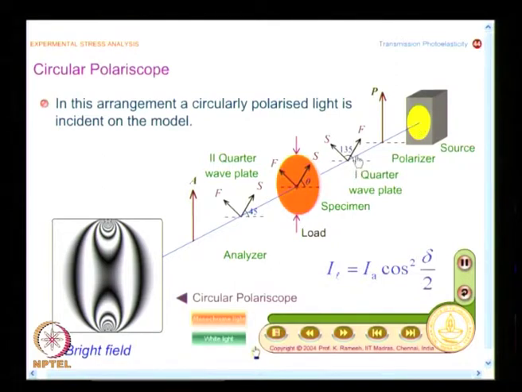And what people have found is, if I keep the quarter wave plates crossed, the error introduced because of mismatch of the quarter wave plate is minimal. I can show you the graph without proof, but this is a thumb rule, and that is how many conventional photoelastic analyses are carried out, and the same knowledge extends even to digital photoelasticity. So, now what we will do is look at how to analyze this mathematically.